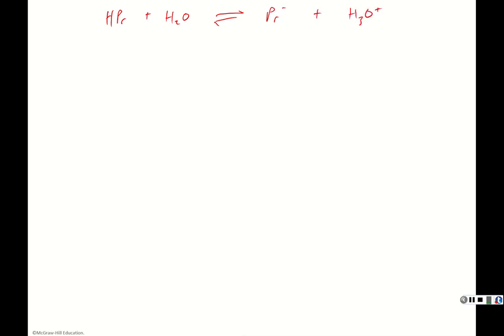Right, so when we put that in solution, that's going to be the equilibrium we get. We're starting here, 0.1 molar. We don't have any of these at the start. So we're going to get a certain amount that dissociates. We're just assuming that it's small compared to what we started with, and these are X.